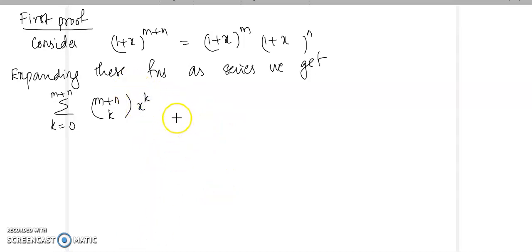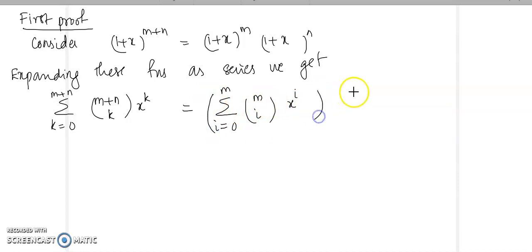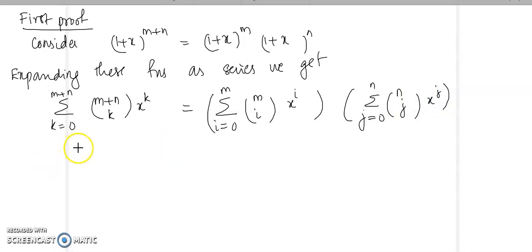That is the expansion you get on the left side. On the right side, let us take i equal to 0 to m, so you get mCi x^i, into summation j equal to 0 to n of nCj x^j. Now let us take the product on the right side.